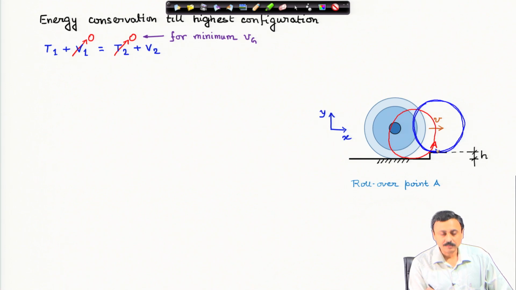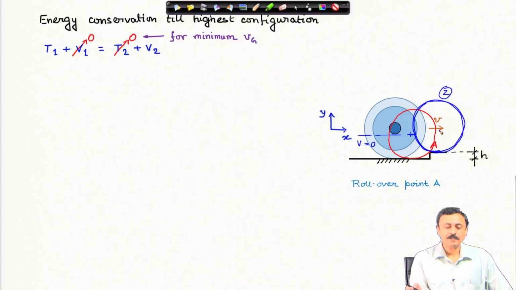I consider these two as the two states of the system. Initially, I have considered the potential energy datum as this center. Therefore, this is V equal to 0. Initially, in state 1, which is the red circle, the potential energy is 0, but there is a kinetic energy contribution, that is T 1. In state 2, if we have to find out the minimum starting velocity V, this is where it comes to rest.